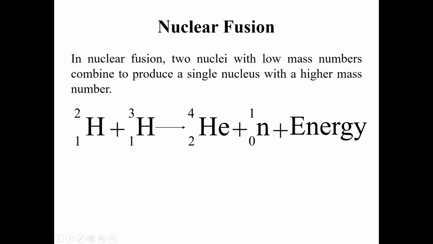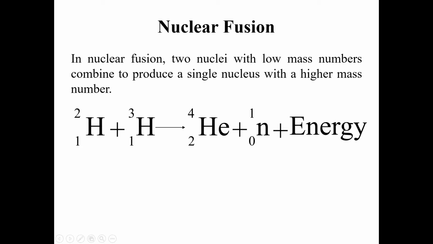We try our level best to combine two lighter nuclei. The lighter nuclei here, as you can see in this nuclear reaction, are deuterium and tritium, which we fuse into a single nucleus, that is a helium nucleus.